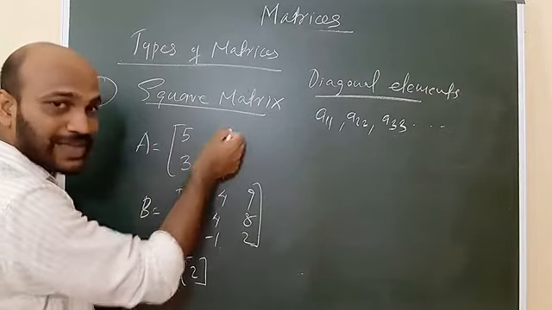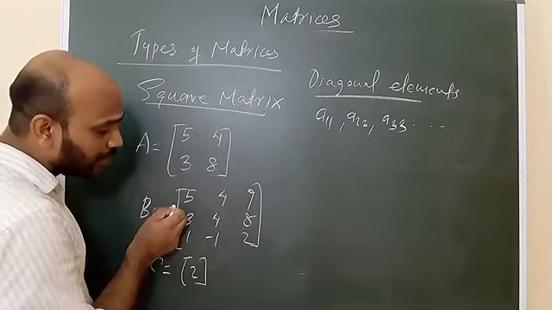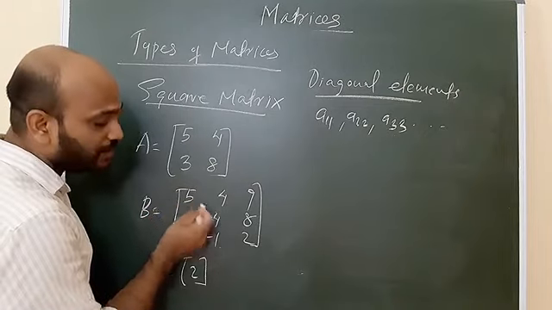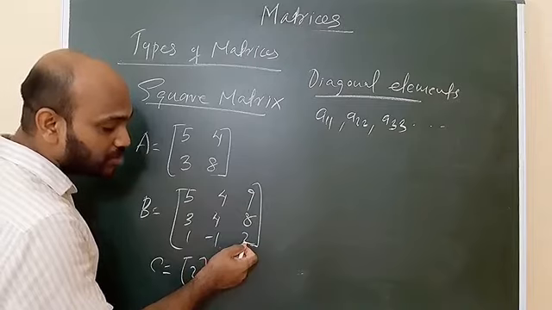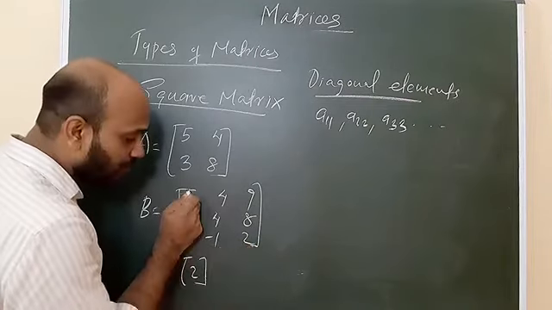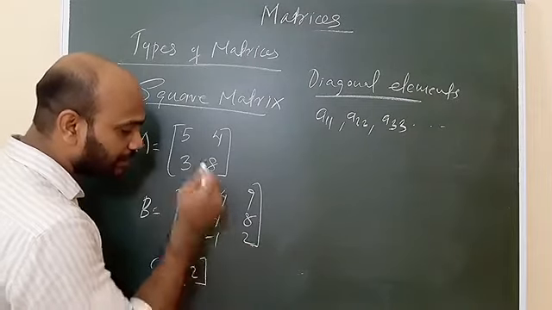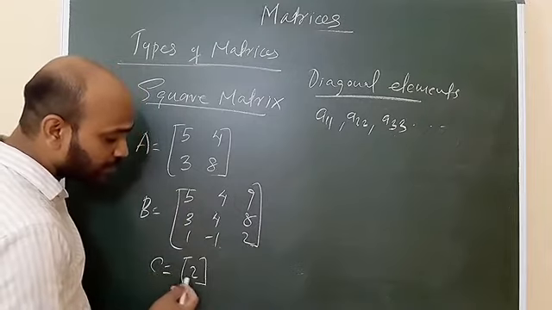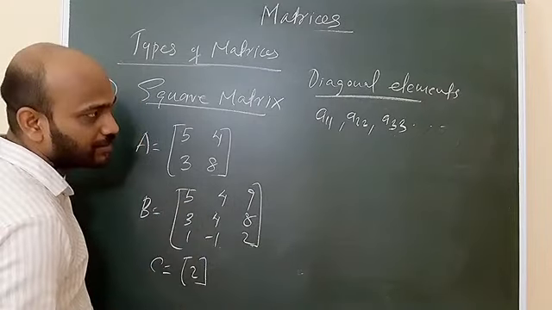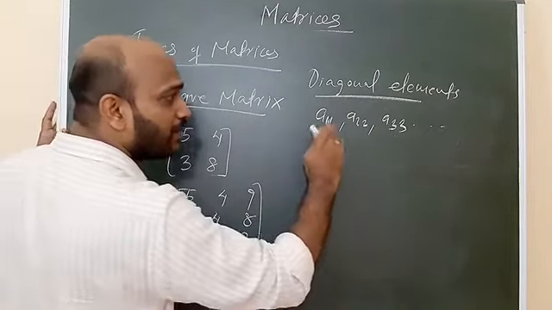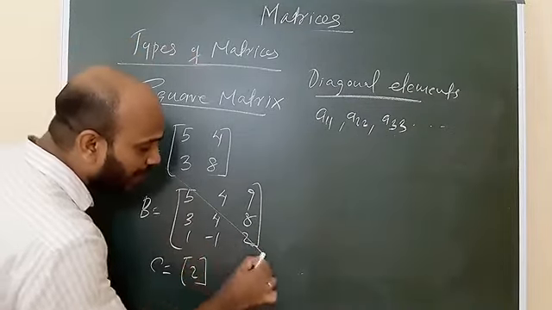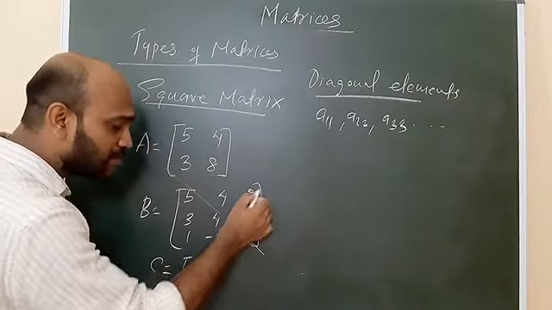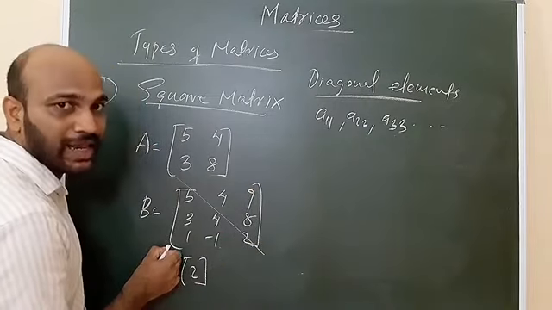This is not its diagonal. Now for this matrix, A11 is 5, A22 is 4 and A33 is 2. This is its diagonal. And for this matrix, 2 is its diagonal element. That means there is only one diagonal for a matrix. These elements we cannot consider as diagonal elements.